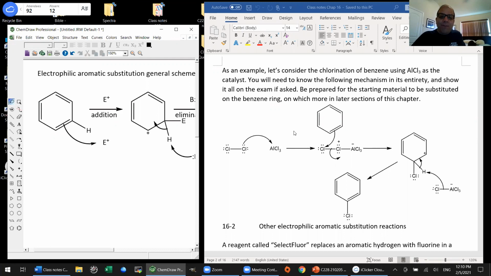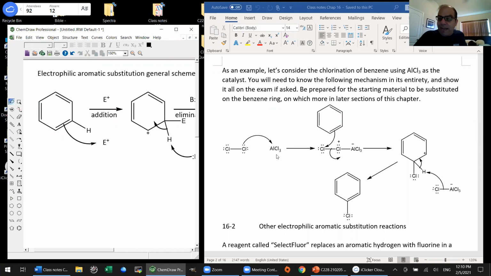So let's suppose that we treat benzene with chlorine and aluminum chloride. And those are the only reagents, by the way. That's going to turn out to be important in a moment. But if we do that, the first thing that will actually happen is the chlorine will form a complex with the aluminum chloride. The same would be true, by the way, if this were iron 3 chloride.